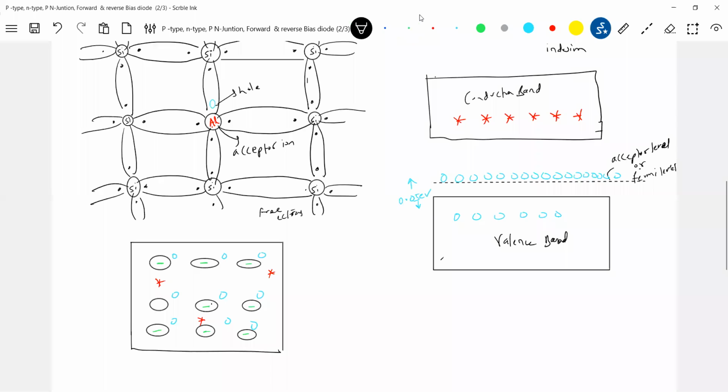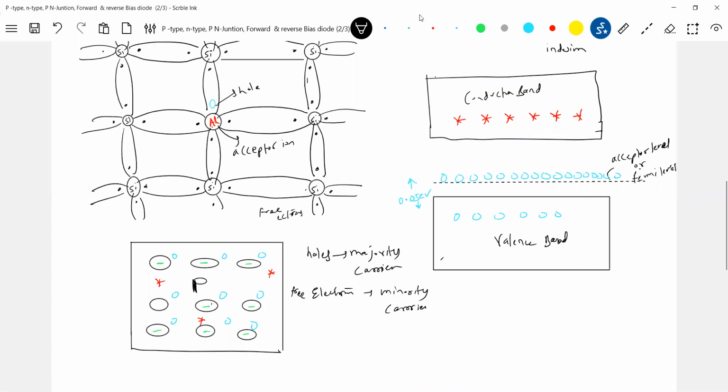It will be zero. So who are the majority carriers? Holes are majority carriers. What about electrons? Minority carriers. When I say electron, it is the free electron only.